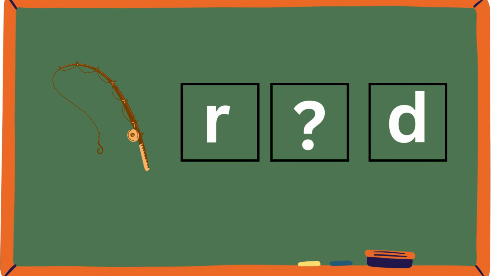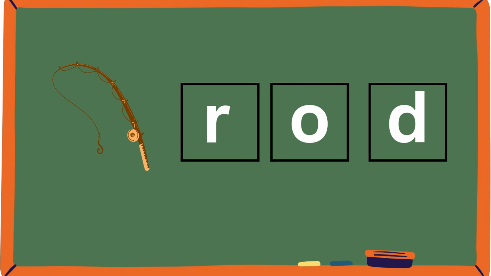They're getting harder. Ooh, that looks like a fishing rod. A fishing rod. Does that make you think of something? Yeah, the missing letter is O. So, O is a vowel. So, a vowel has two different sounds.